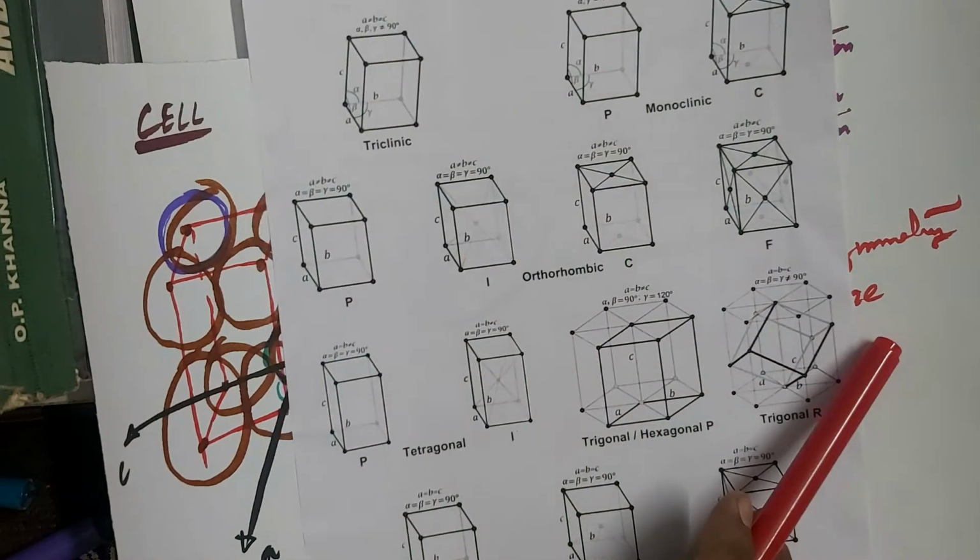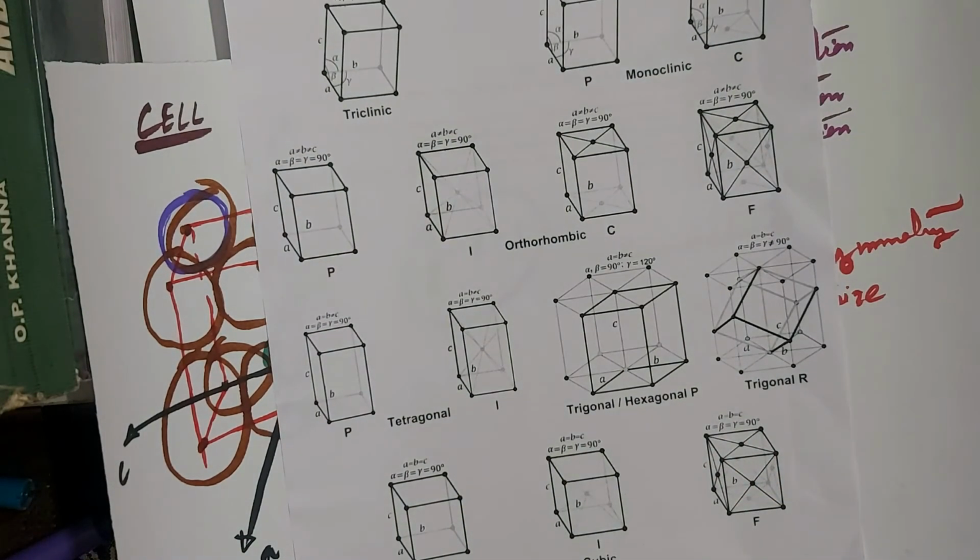These are Bravais space lattices which have maximum symmetry within minimum size.